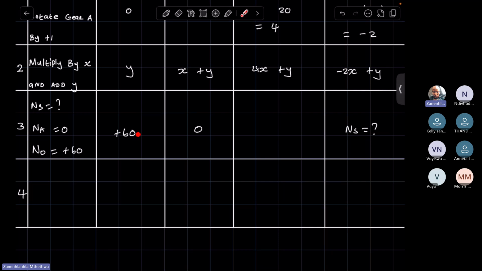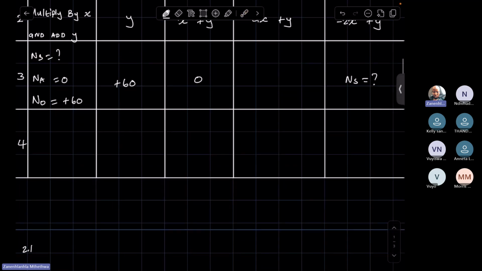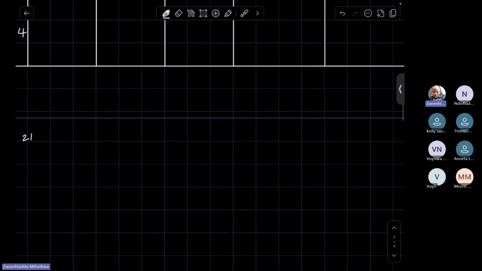The current condition is the third condition. So essentially you have to equate the second condition with the third condition. Meaning, equating 2 and 3, it means y is equal to positive 60.